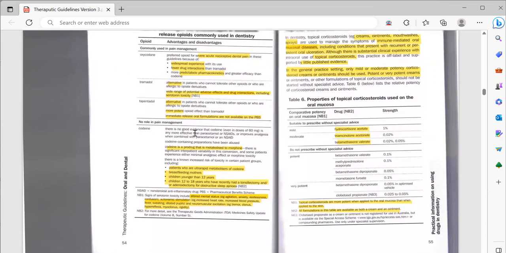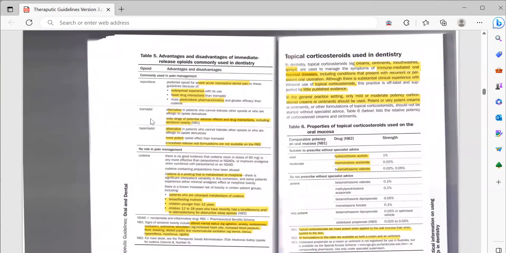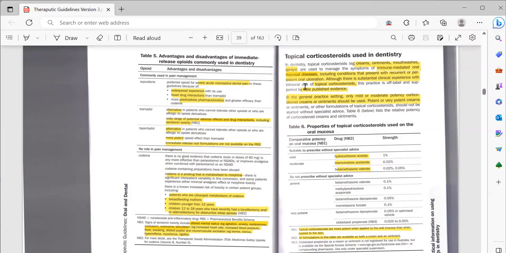So, in brief, we do not really prescribe codeine to any patient at all, and not even tramadol or tapentadol. We are only prescribing oxycodone, and that is also very rare because these have a suppressive effect. And whenever you need to prescribe this drug, prescribe it for not more than 3 days.